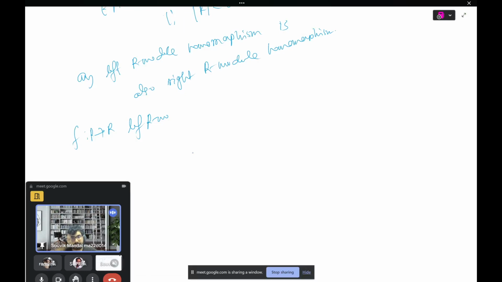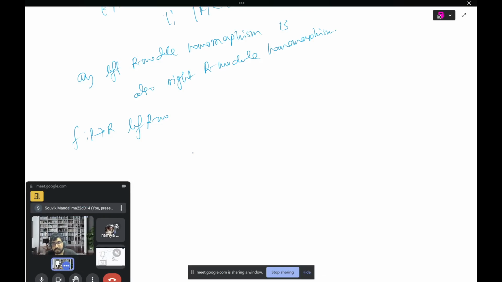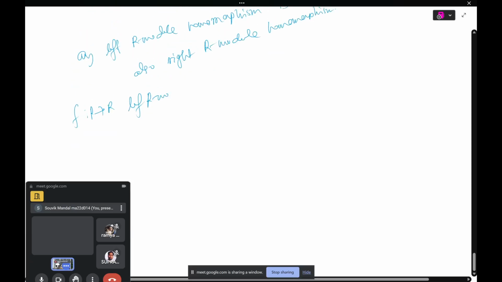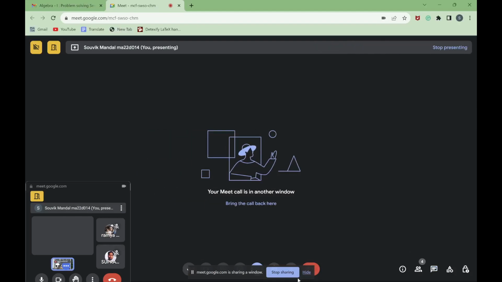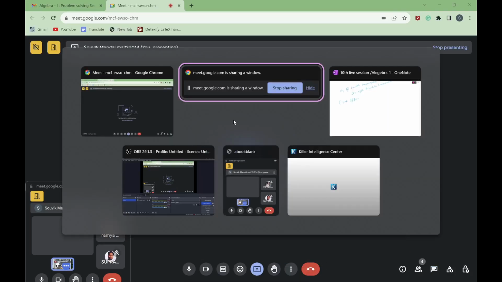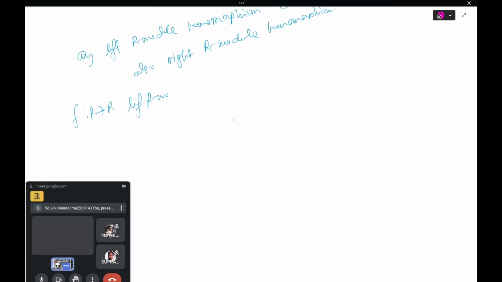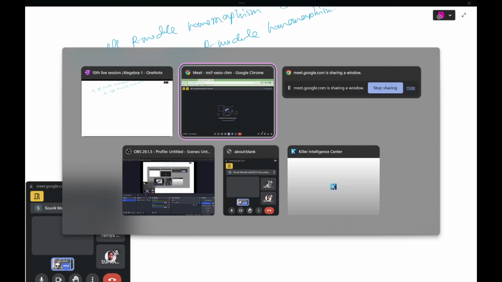Now, if f is a right R-module homomorphism, can you see the screen?